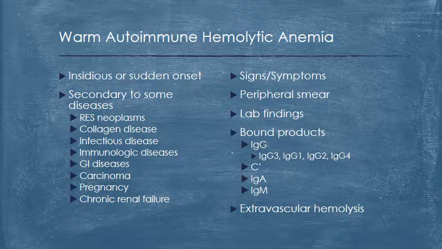Okay, so depending on the class of IgG that is primarily a part of this immune response, that will determine how much destruction is occurring. Now, one of the good things that is associated with warm AIHA is that most of the destruction in most cases will be extravascular.